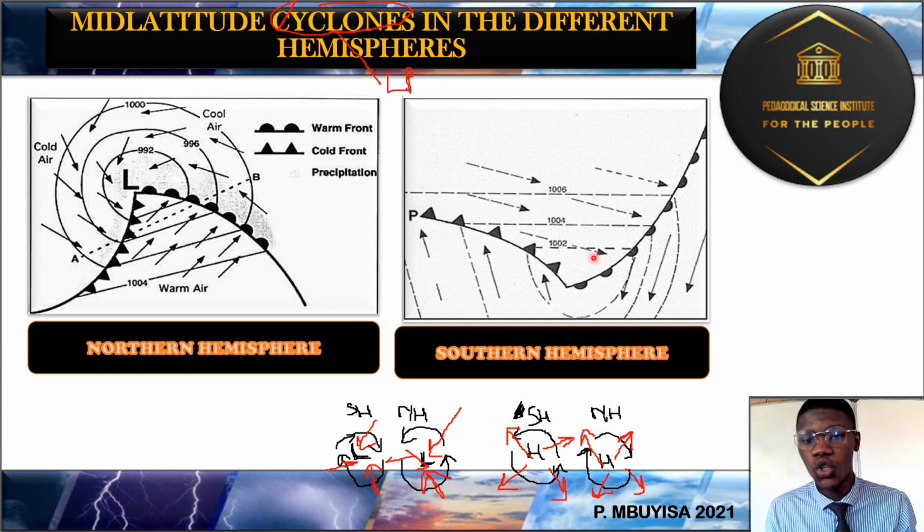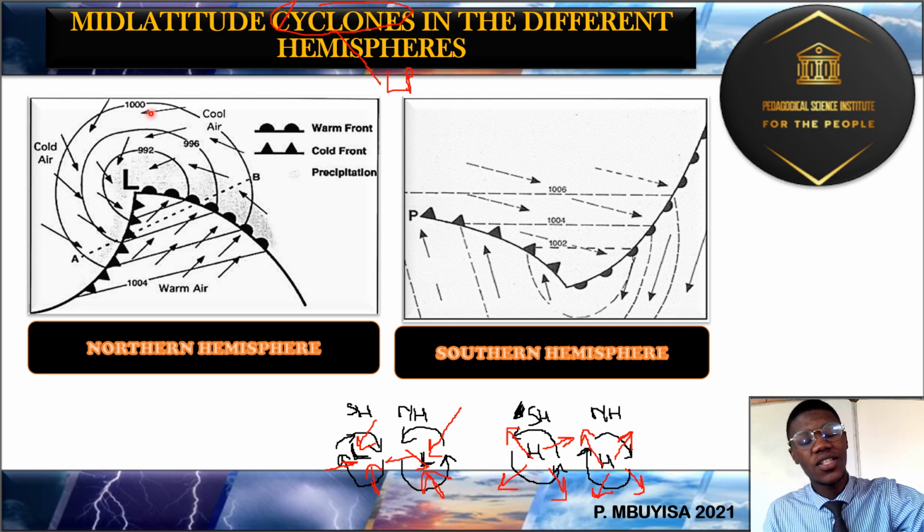So you also use the location of the different sectors and the fronts to determine which hemisphere the system is in. With regards to the northern hemisphere, you'll remember that our poles are at the top, and since they are at the top in the northern hemisphere, you'll find your low pressure system somewhere there at the top.